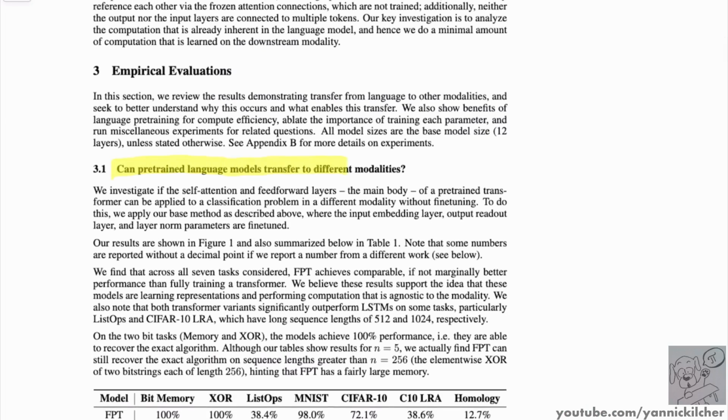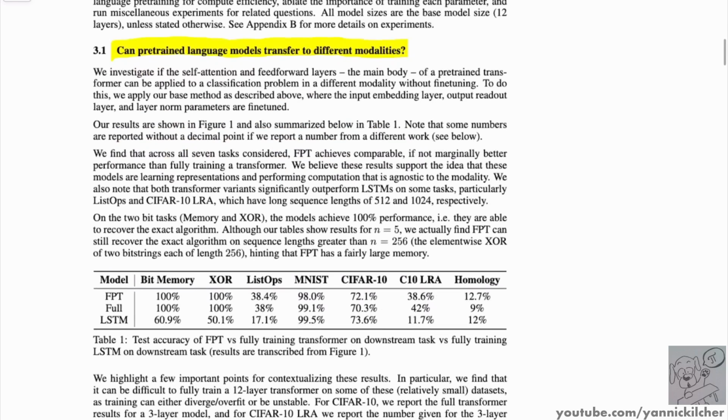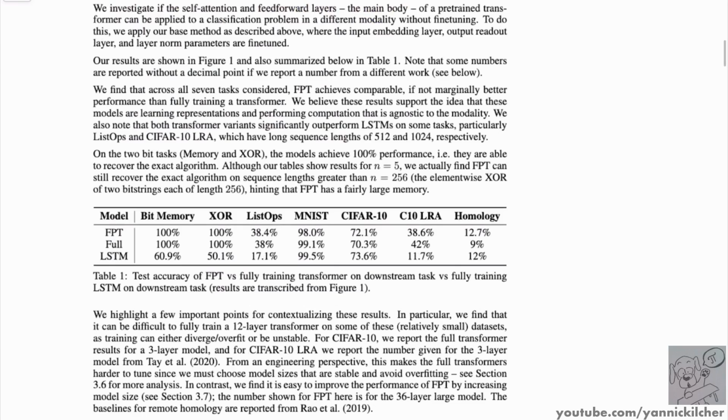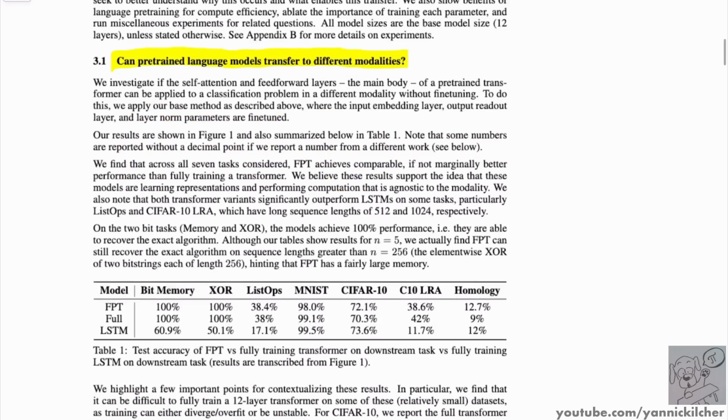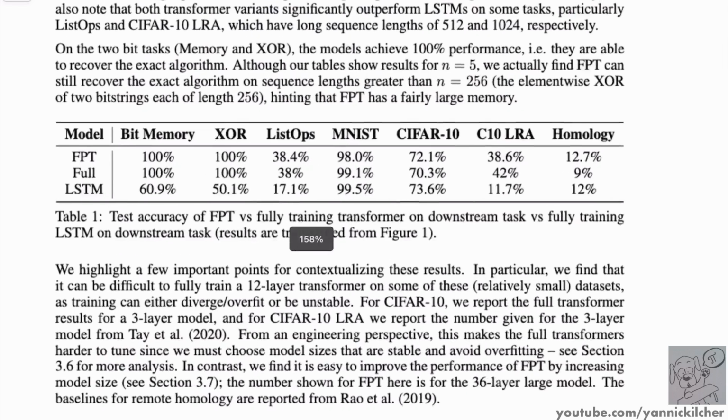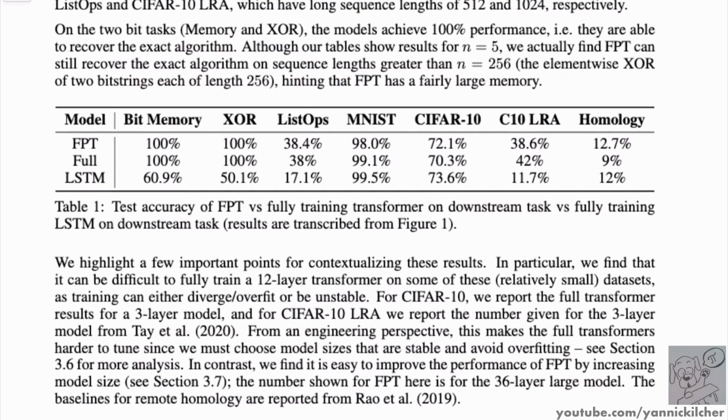Can pre-trained language models transfer to different modalities? And the answer here is going to be yes, absolutely. So their base thing is a GPT-2 model that is trained on language. And it's so interesting, right, that if you transfer it to these tasks, and you can see right here, these are the results from figure 1.